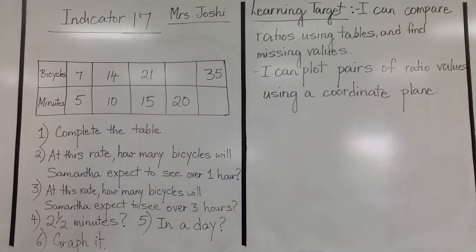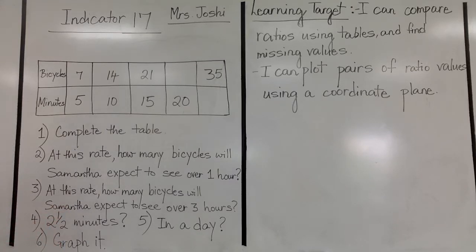Samantha found that 7 bicycles passed her house in 5 minutes. Remember, it's called a rate because you are putting those units in: the bicycles and the minutes are the units.